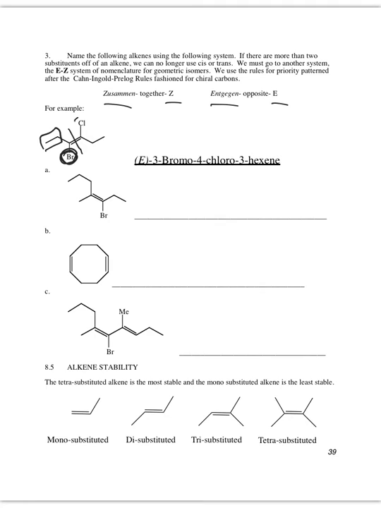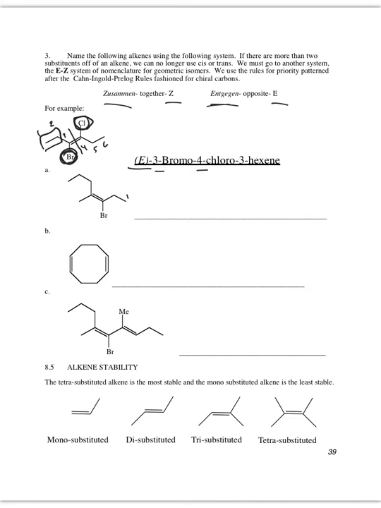Chlorine versus ethyl, the chlorine is a higher priority, so they are on opposite sides. So it's E for entgegen, and then 3-bromo, 4-chloro, 3-hexene.